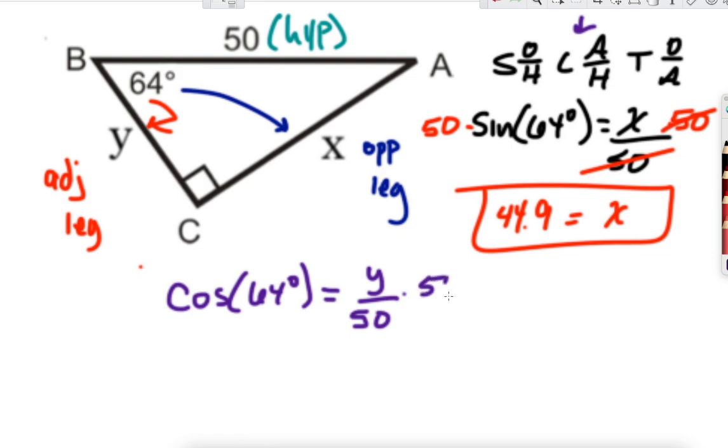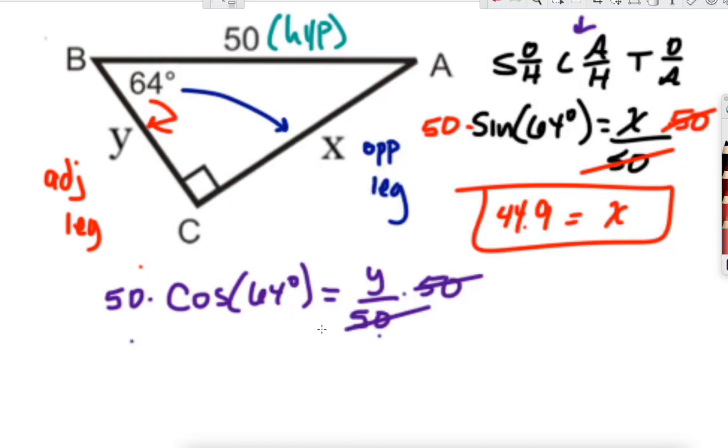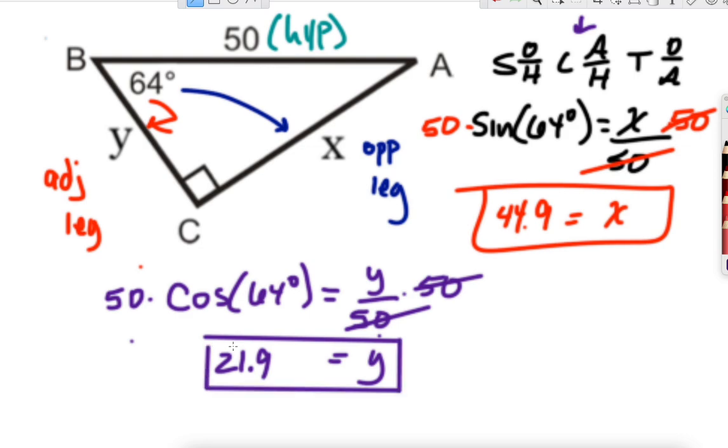I'm going to multiply 50 to both sides, and 50 times the cosine of 64, 21.9. Box that in, maybe. Okay.